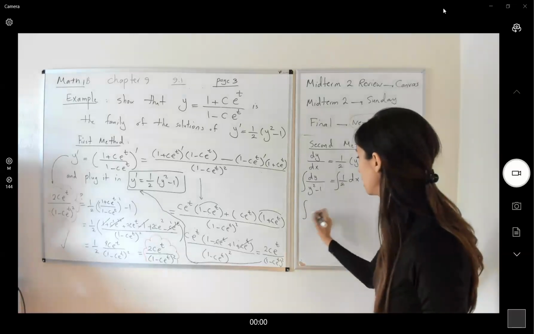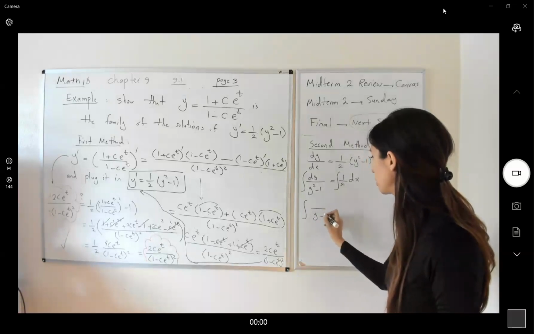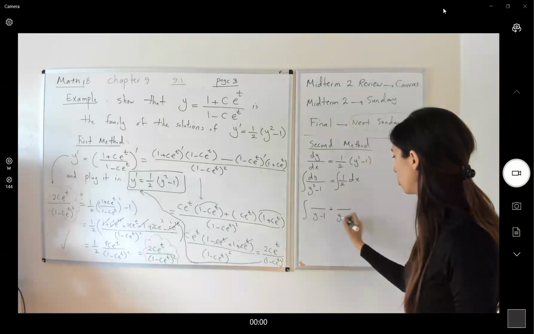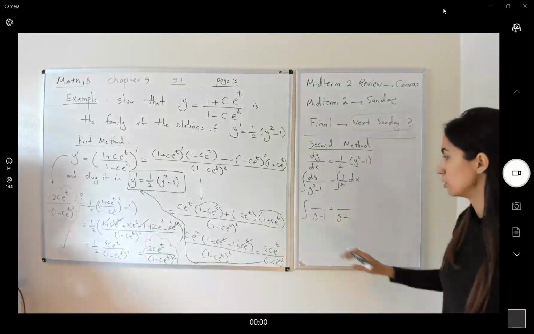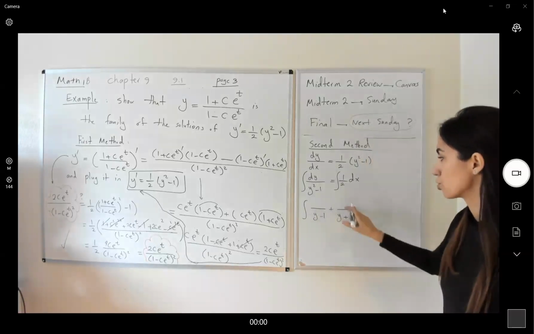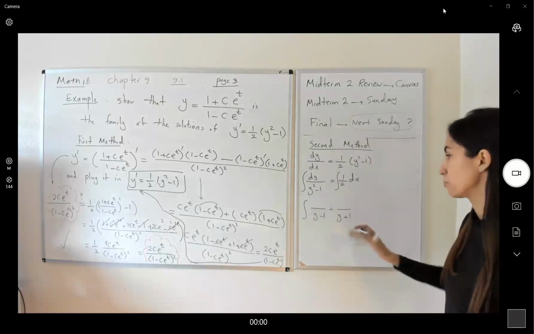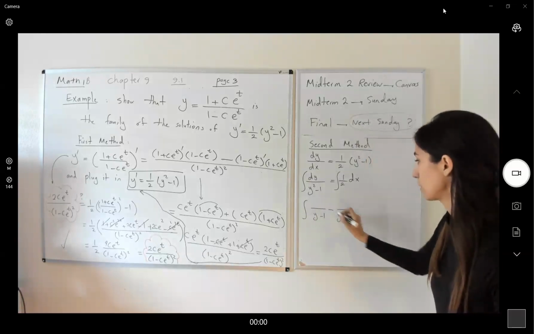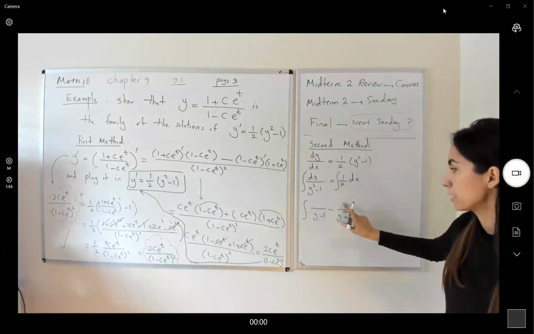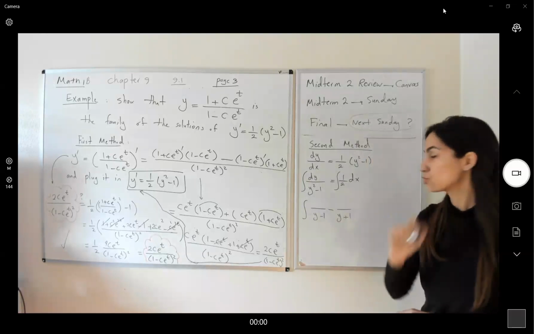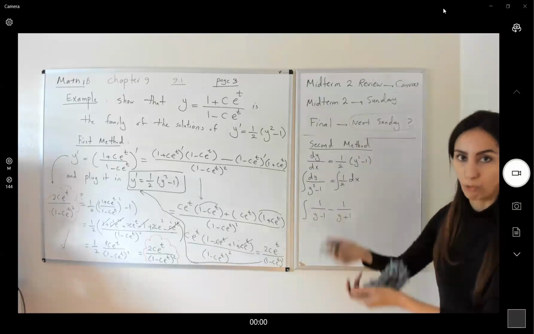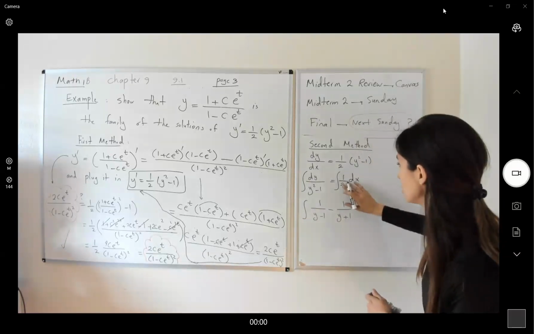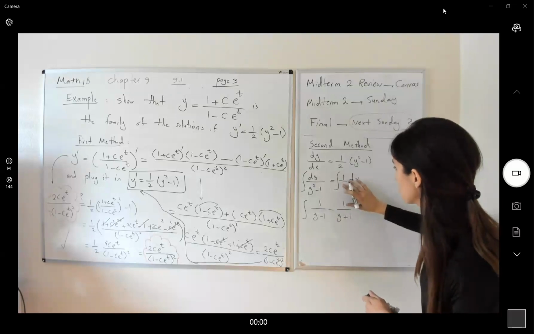So here you get the integral of y minus 1 plus y plus 1. If you subtract these two, you get y plus 1 minus y plus 1, you get 2 in your numerator. So you need a 2 or a half, so I'm going to just use this here.